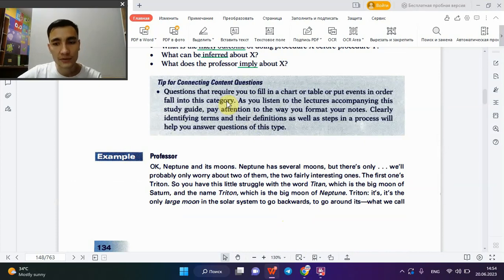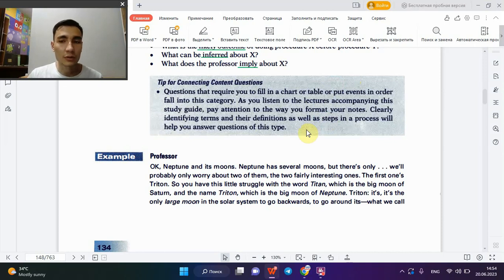Shu haqida tips. Questions that require you to fill in a chart or table or put events in order fall into this category. Demak, chart, table yoki eventlarni tartibda joylashtirish kabi savollar shu turga kirar ekan. As you listen to the lectures accompanying the story guide, pay attention to the way you format your notes. Notelarimizni yozishga e'tiborli bo'lishimiz kerak ekan.